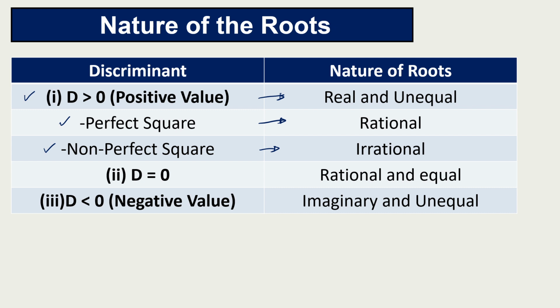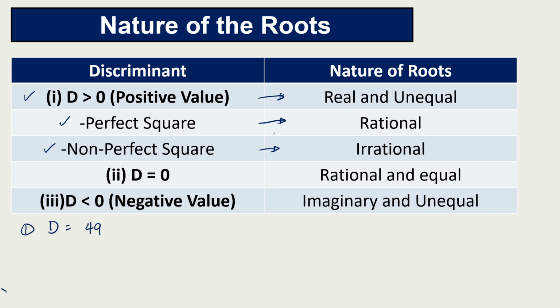For example, if the discriminant is 49, the 49 is positive number. So it is real and unequal. But we need to determine if it's perfect square or non-perfect square.